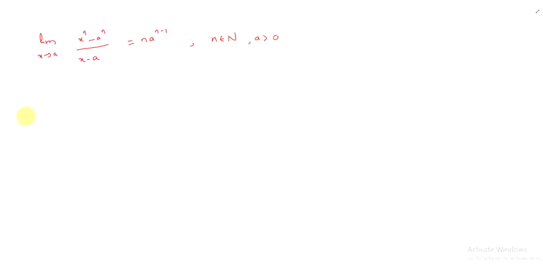That is, if the power is a natural number, then for a function of this type, the limit is n into a raised to n minus 1. So this is the power function.